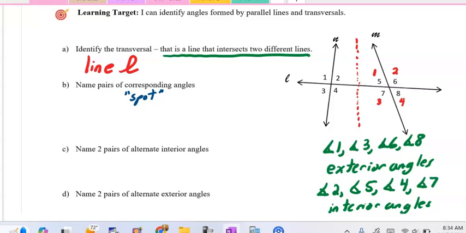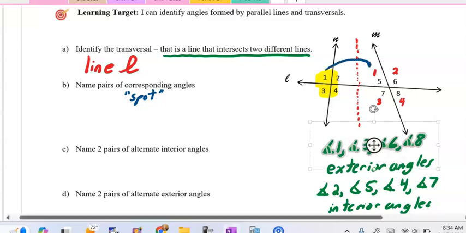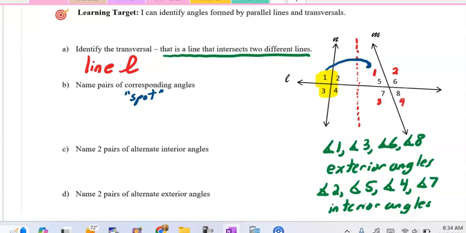Again, those angles are not congruent, but if you slide these 4 angles to the right, you're going to take those 4 angles and just move them over to the right. They would be in the same spot. So we say angle 1 and angle 5 are corresponding.